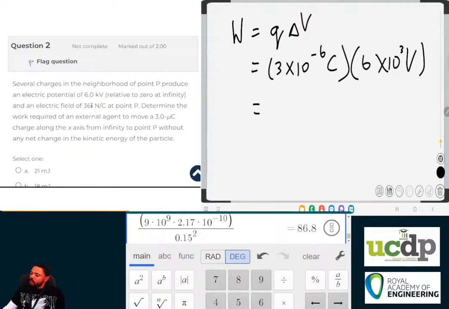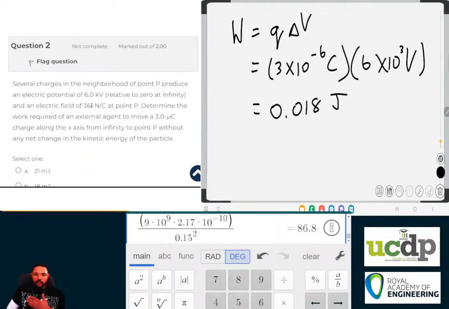Now, if we multiply that out, 3 times 6 is 18. That is negative 6 plus 3, that's negative 3. So 18 times 10 to the negative 3 is 0.018, and that is in joules. So this is the answer.